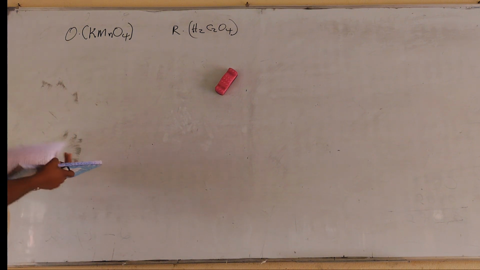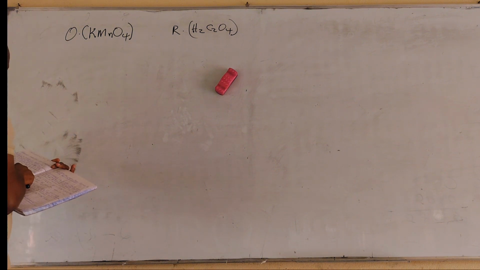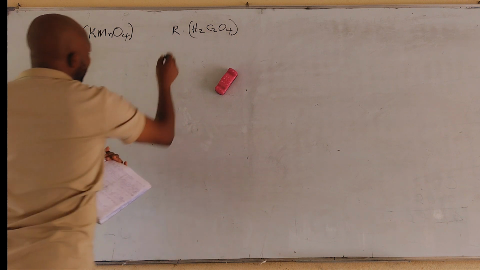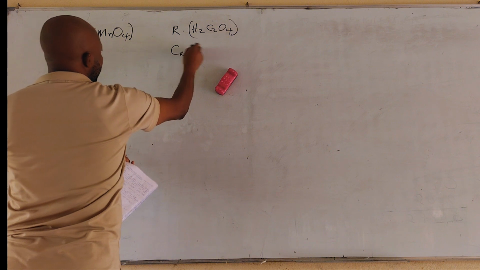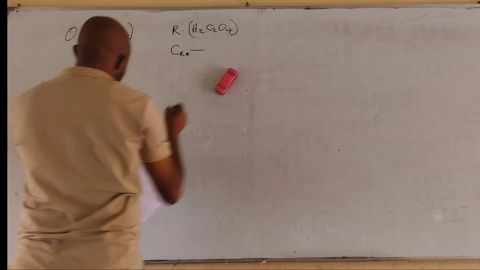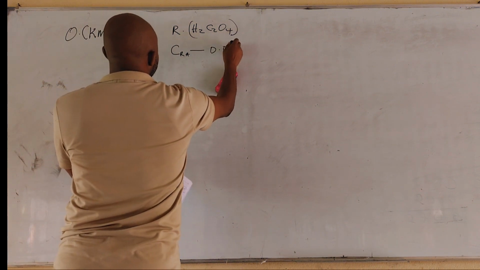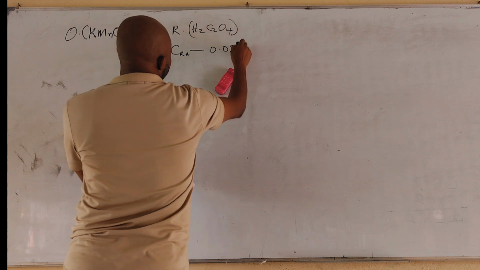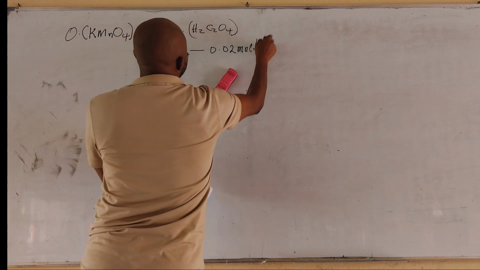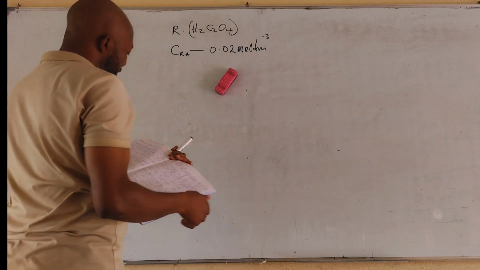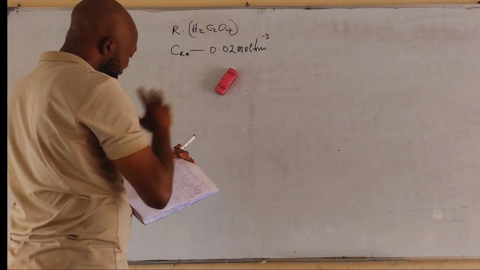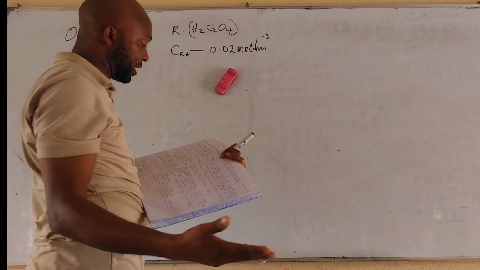Okay, now let's bring out the variables. The concentration of the reducing agent is 0.02 mole per dm cube of ethanedioic acid, and solution C, which is the acid, we have to acidify it before.